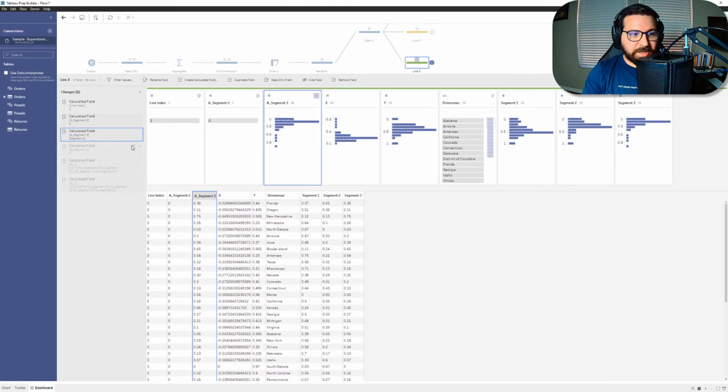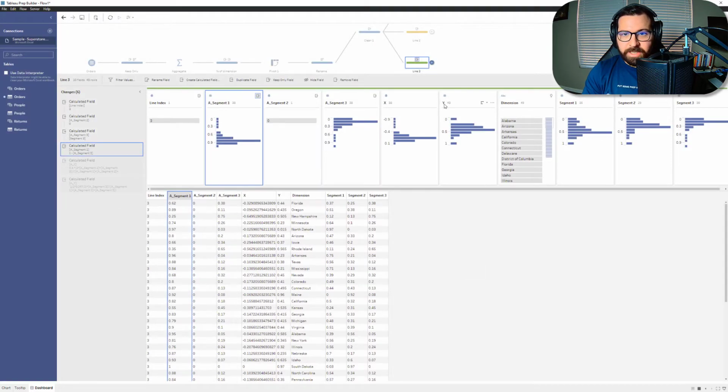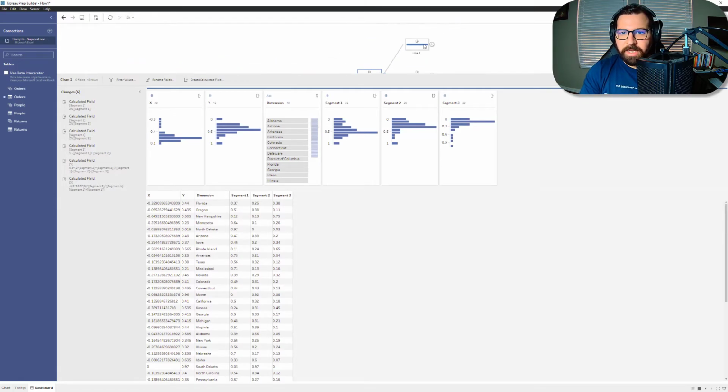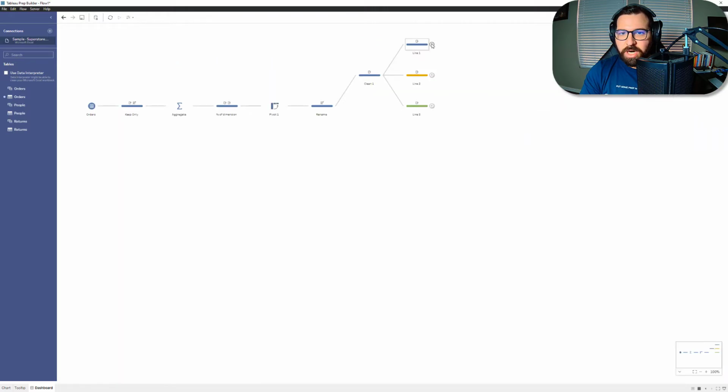And then a segment 1 is going to be 1 minus a segment 3. Then everything else stays the same. And so now we calculated the coordinate for the point inside of the plot, and then here we calculated the coordinates for each point on each side of the triangle. So now we can union these together.